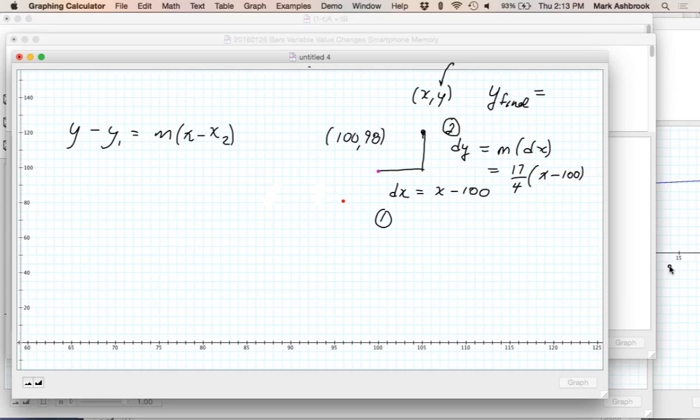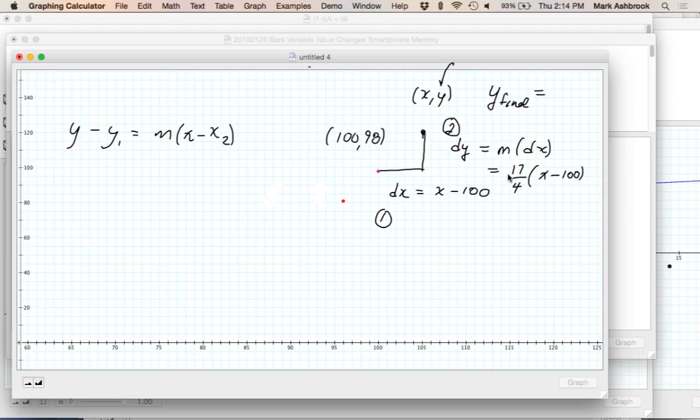But there's a block with this. Lots of us struggled with that. That's okay. So I'm glad I learned that. If you want the final value of a quantity and you have the change, what do you do? Add it to what you had when you started. So what you have when you started plus how much you changed is what you have in the end. So we can just apply that and we're done, right?